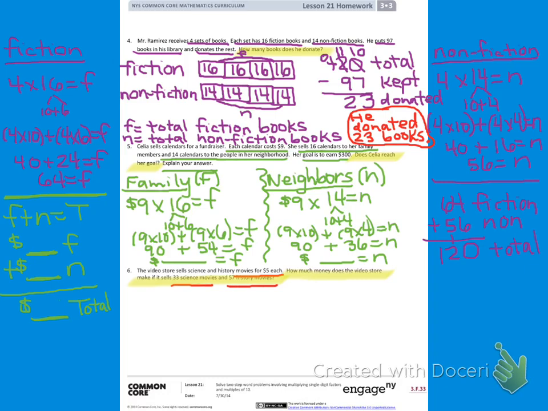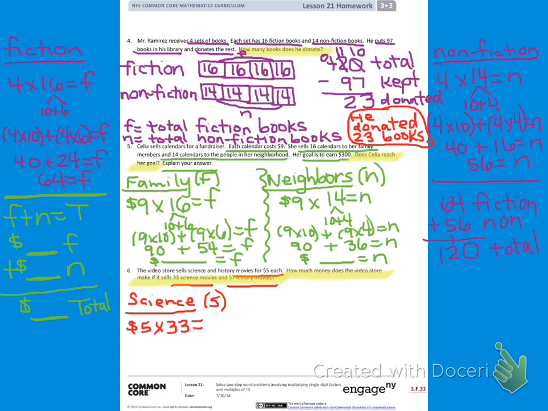Now I will begin by doing a similar method as to the one for number 5. I'll figure out how much was made on science movies. I'll label my paper so my teacher knows that this section is going to be devoted to the science movies. And that'll be S. If the movies were $5 each and 33 were sold, that's going to be 5 times 33.